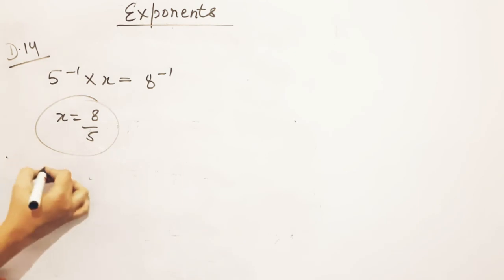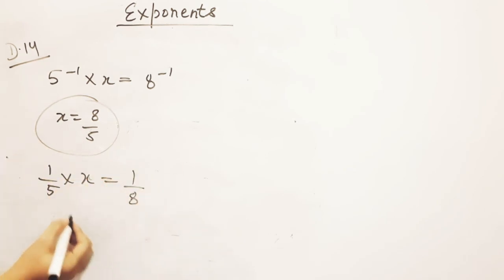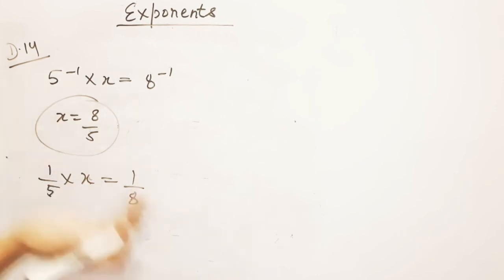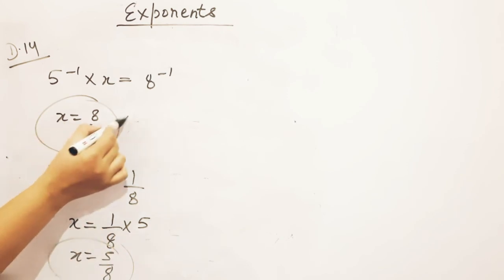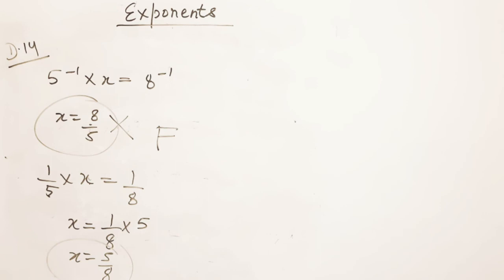So 5 inverse means 1 upon 5 multiplied by x is equals to 1 upon 8. Now this 5 is in divide with x. Once it will go on the right hand side, it will be in multiply. So 1 upon 8 multiplied by 5. So the value of x is 5 upon 8, but as per the question it is given 8 upon 5. That means this statement is also false.